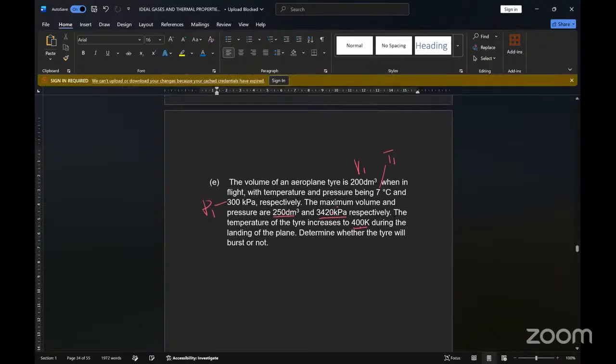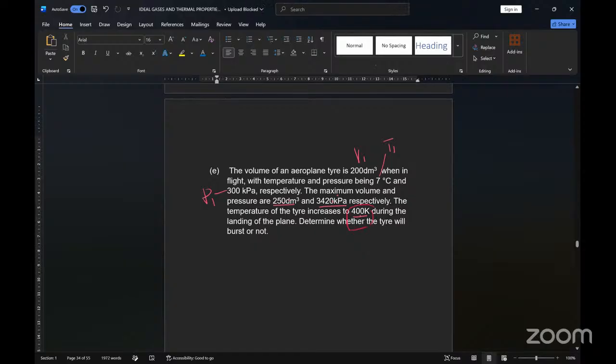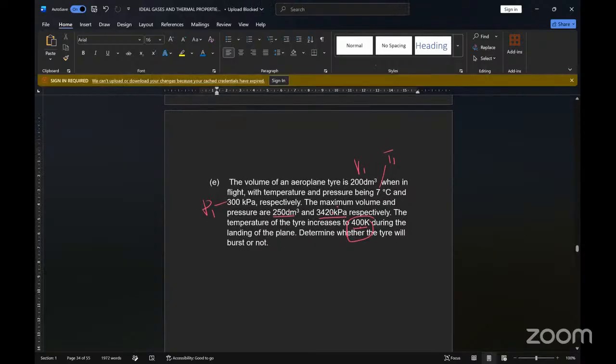Because now we have all the values there. No, you leave this one out of it. You determine the temperature, and then the temperature you get as your value, you compare it with this one. Is it greater, equal, or less than? If it is greater, it will burst. If it is less than, it will not burst.